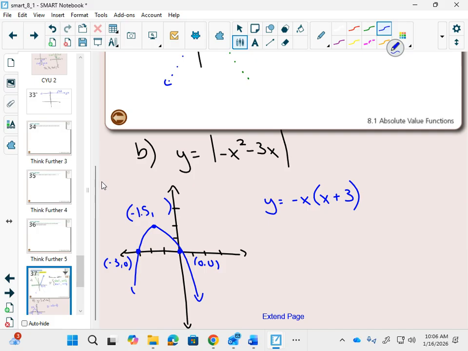I don't feel like doing that right now, but I could. Can you see that the absolute value graph, this section, which I'll keep as a dotted line, do you see that with the absolute value, that section would get flipped up?